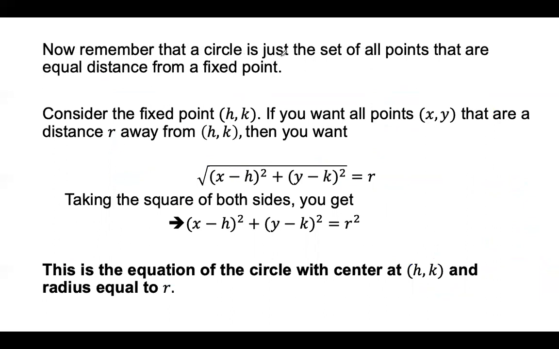Remember that a circle is just the set of all points that are an equal distance from a fixed point. We consider the fixed point, let's call it h and k. And if you want all the points x and y that are a given distance away from this point hk, with that being the center, then you want something like this.